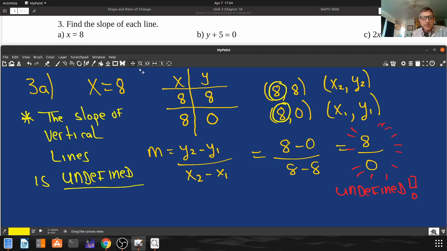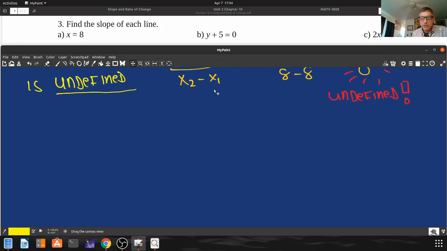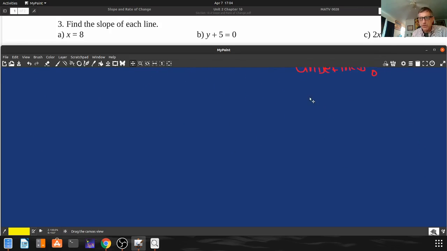So now we're ready for the last problem. I'm going to have to look ahead. This may be a short lecture. Oh, we have 2. So we'll actually do all of these. They won't be very difficult. So this is 3b. I have y plus 5 is equal to 0. Notice there's not an x in the equation. So we want to solve for y.